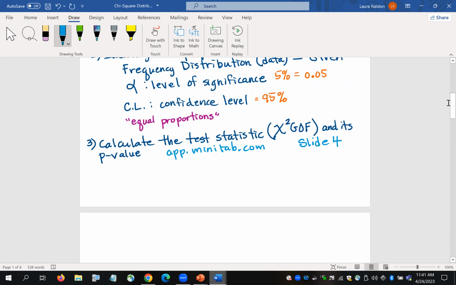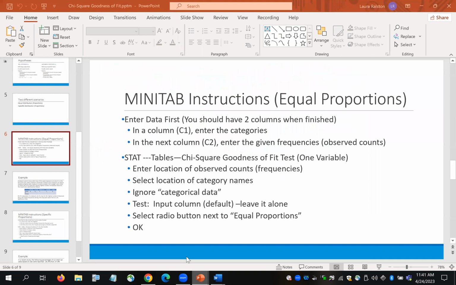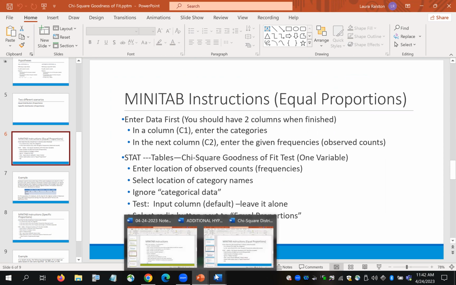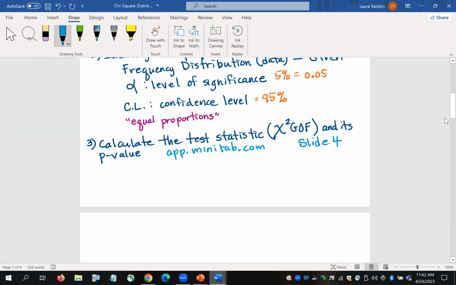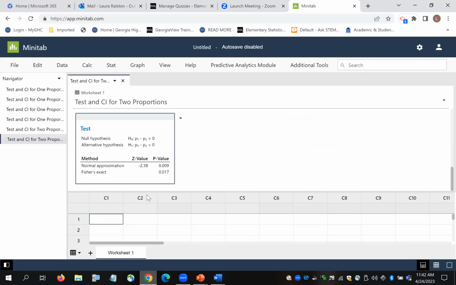So before we can do anything in Minitab, we have to enter the data. So I'm going to toggle back over to this slide. It tells you enter data first. You should have 2 columns when you're finished. In the first column, you will have the categories, and in the second column, you'll have the frequencies. You basically have to enter this frequency distribution table into Minitab. So I'm going over to do that.